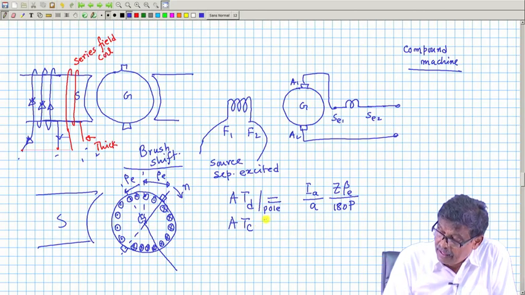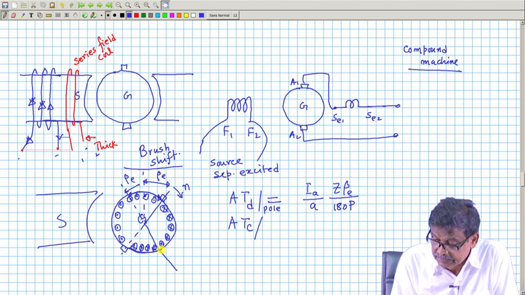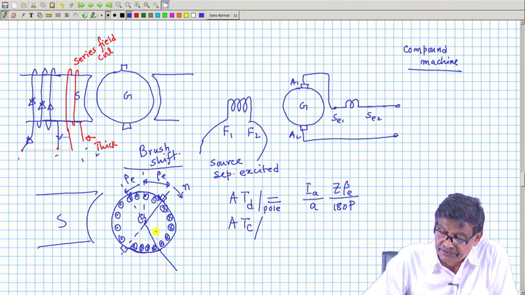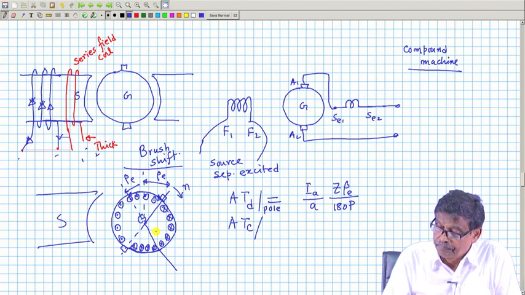The demagnetizing ampere turns are accounted for by the conductors over this 2 beta E and this beta E, because it is in direct opposition to this main pole.